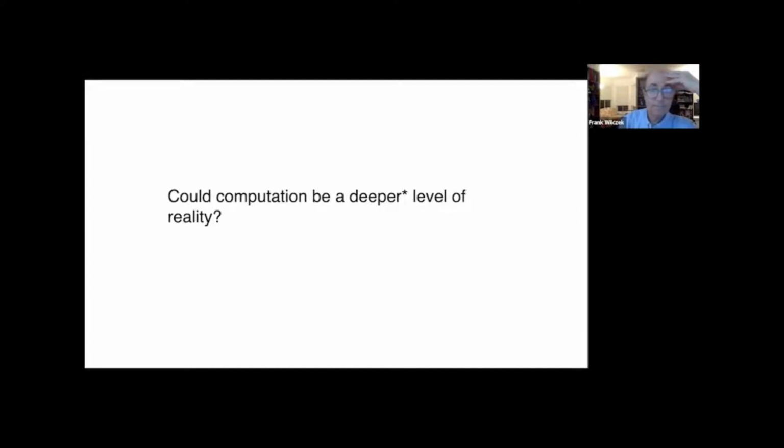Another direction related to this, sort of at least at the level of metaphor, is that computation could be a deeper level of reality with fundamental physics, and somehow the physical world being an illusion or a simulation inside a computer of some kind.